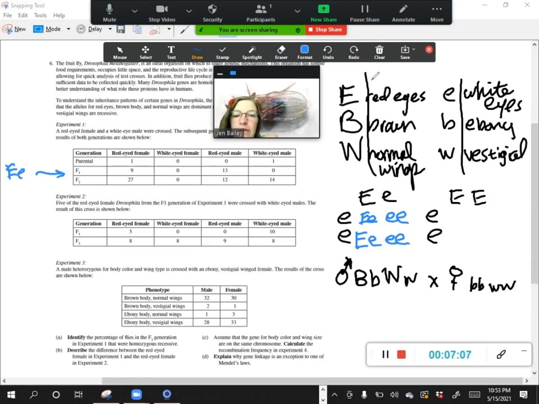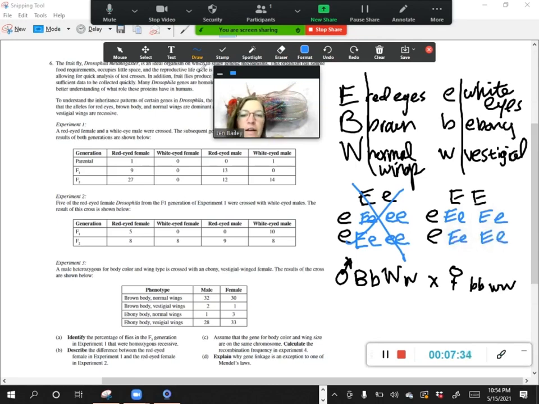But look what we have over here. Do we have any white eyes at all? No, we definitely do not have any white eyes. So it's probably going to be the homozygous dominant. Let's go ahead and do that cross and we can check. We've got a heterozygous, another heterozygous, another heterozygous, and another heterozygous.